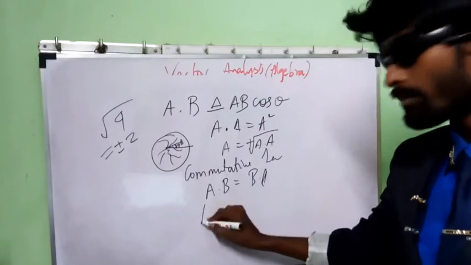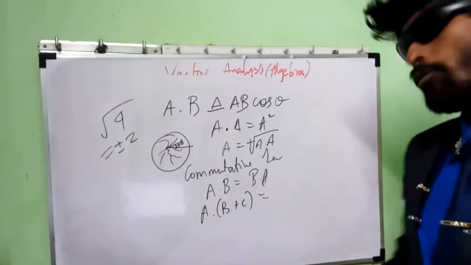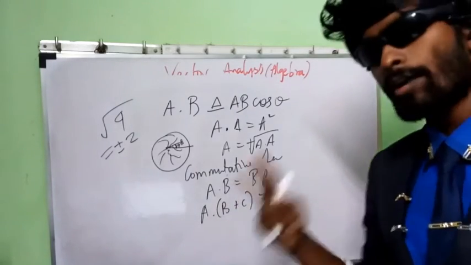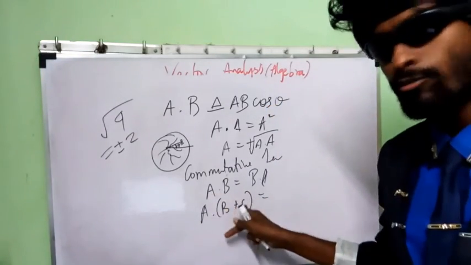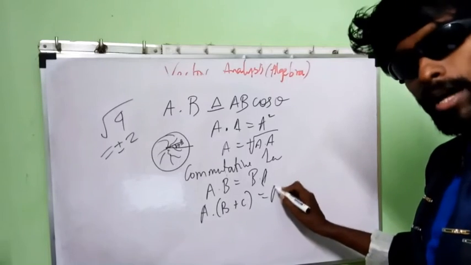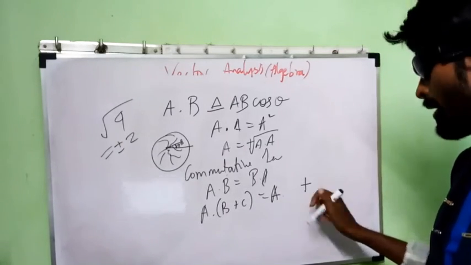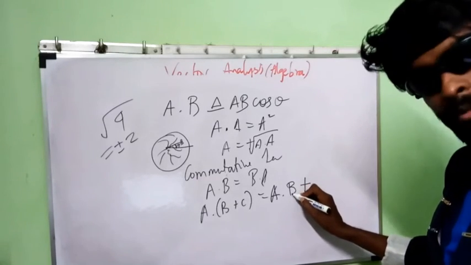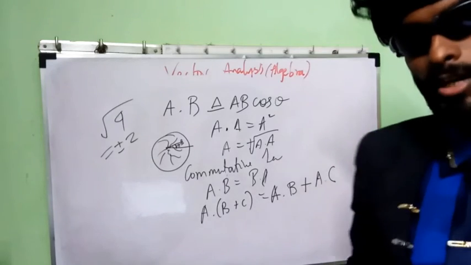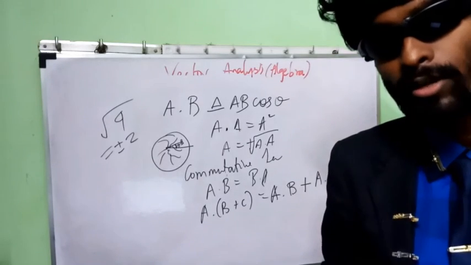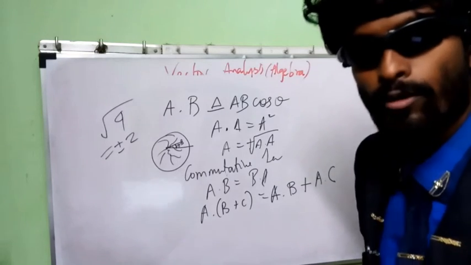And then afterwards, A dot (B plus C), what is it equal to? If I have two pins and I take the two pins near the magnet, it will attract both of them. First you go to the plus, okay? The magnet attracts the first pin also, the magnet will attract the second pin also. Both the pins the magnet will attract. I got the point, is it right? This is the one about the product. Just wait for the next one.